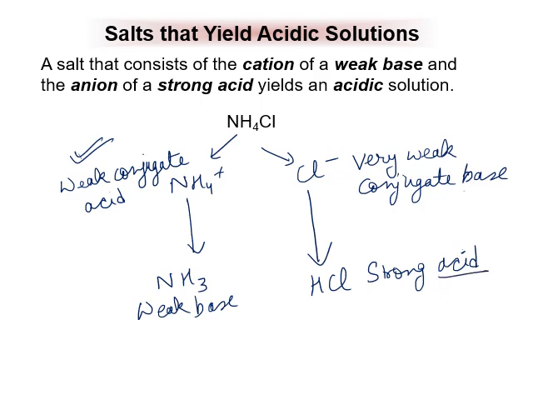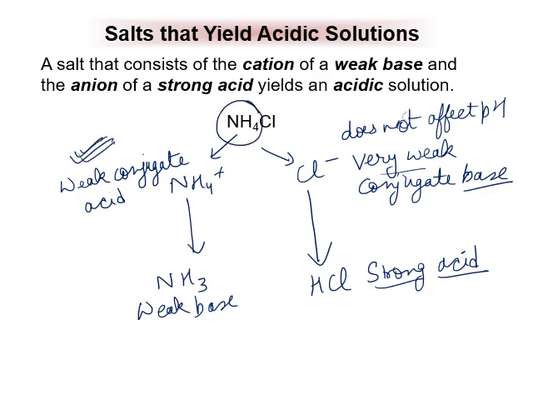This is an acid, so this has to be a conjugate base, and this is strong, so this has to be very weak, which means this is not going to affect the pH. So the only component that affects the pH is ammonium, which makes your solution a little bit acidic. So your final solution is going to be acidic when you dissolve ammonium chloride into water. Okay.